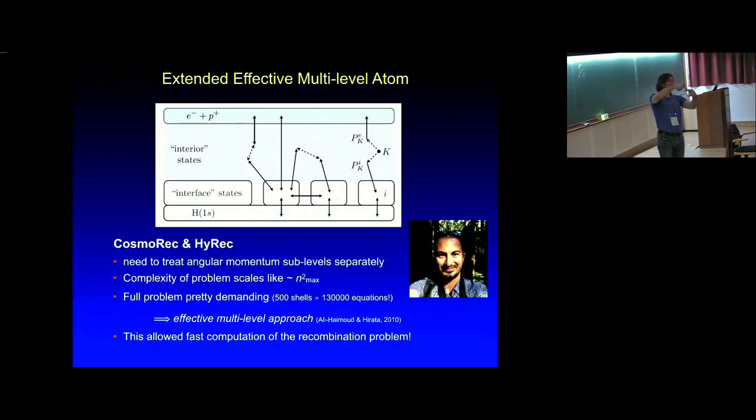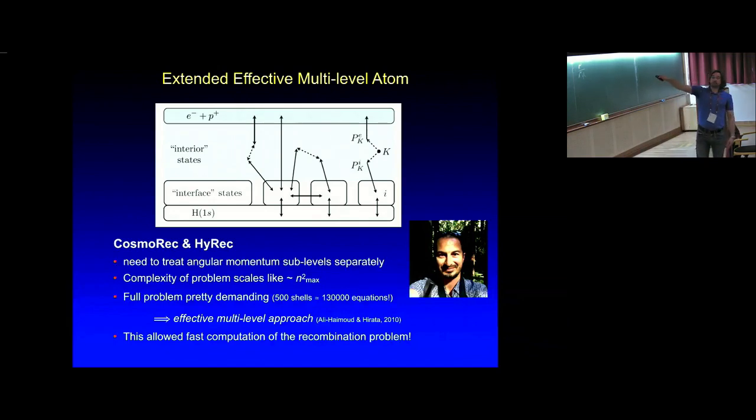So, for example, the transition from the 2nd shell to the 3rd shell by a Balmer alpha line is really just black body photons. And of course, because of recombination rates and so on, they are determined by the electron temperature as well. So that means these higher levels, which are called interior states in Yassine's language, I call them unresolved states because we're not following them explicitly, can be integrated out.